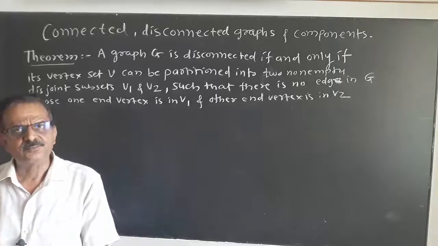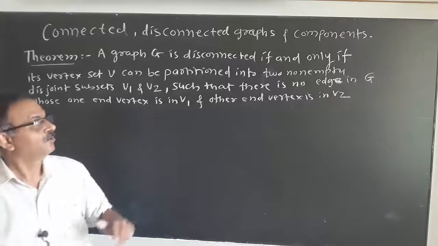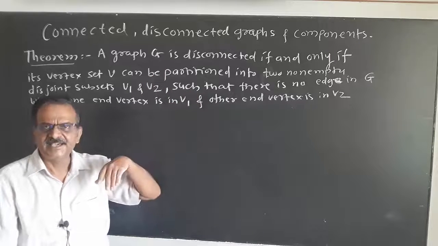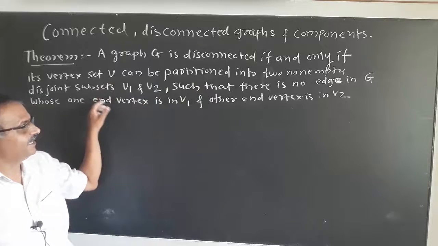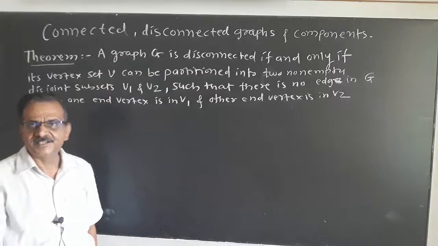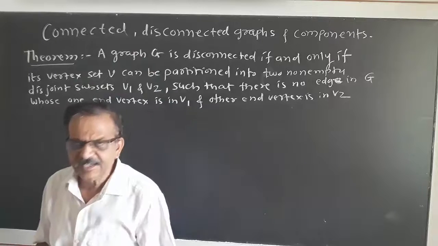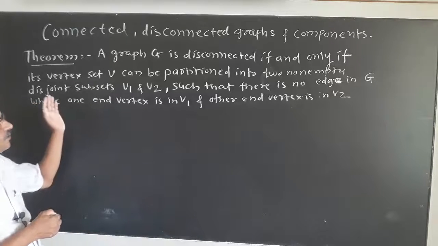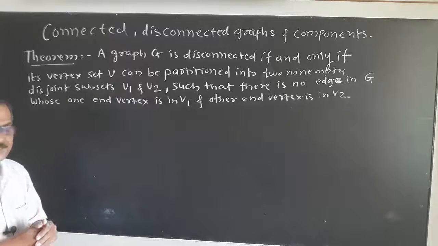Now we have to prove this theorem in both ways. We have to assume that the graph G is disconnected and prove this condition holds. And suppose such a condition exists, and then we have to prove that graph G is disconnected. Now we shall suppose this condition holds first.